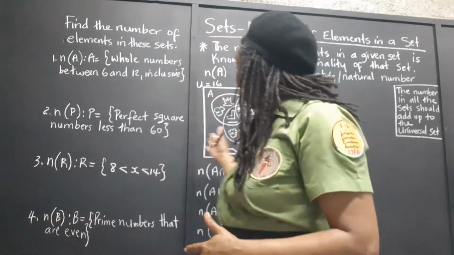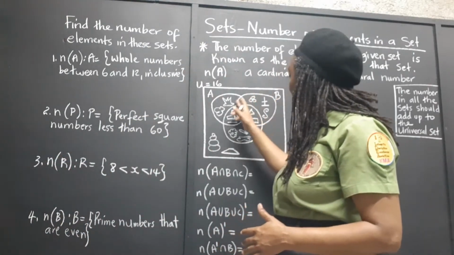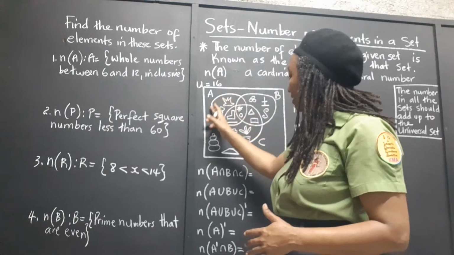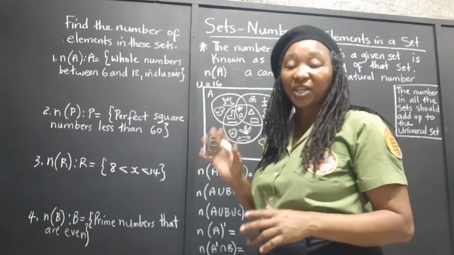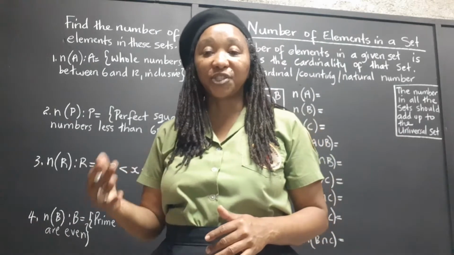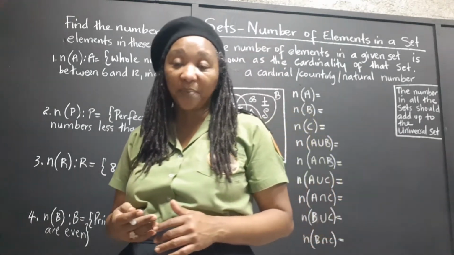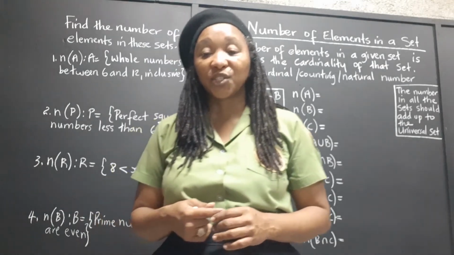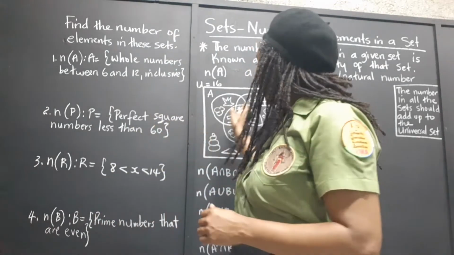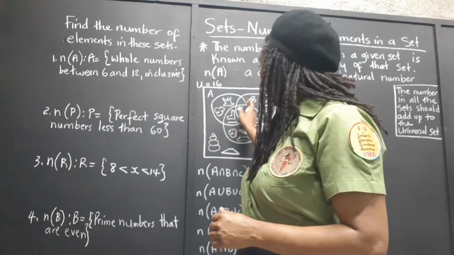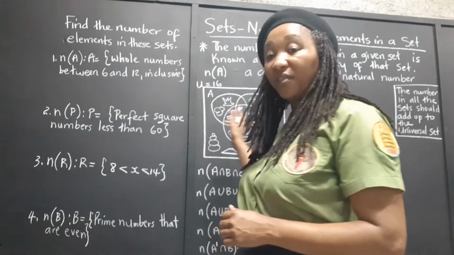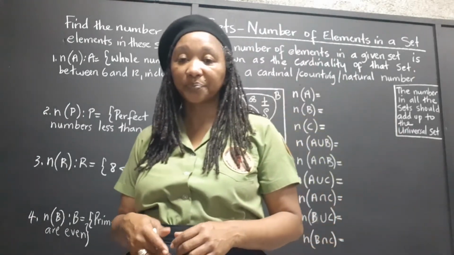In the universal set, we will have different minor sets, special sets, where we categorize the elements. If the sets overlap or they intersect, that means those sets have something in common with the other sets that overlap.